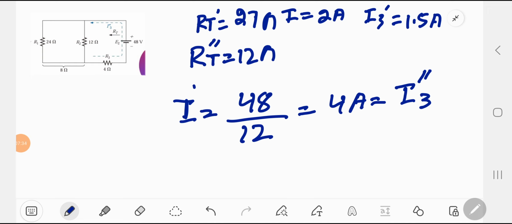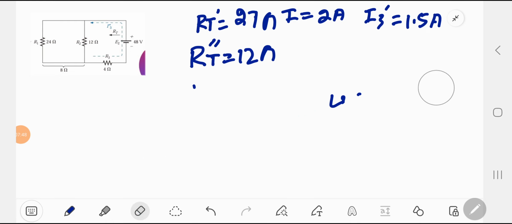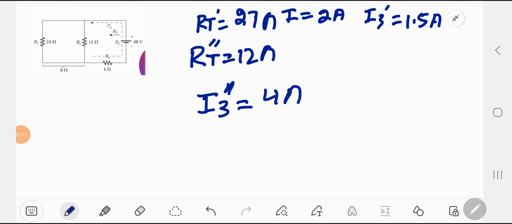So I3 is actually equal to 4 ampere. Now we found that I3 double dash is equal to 4 ampere.